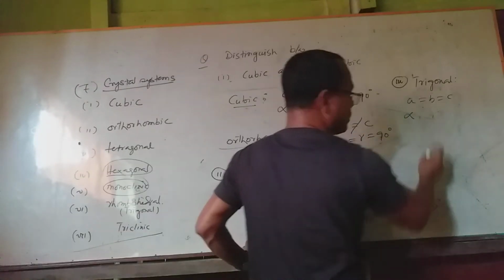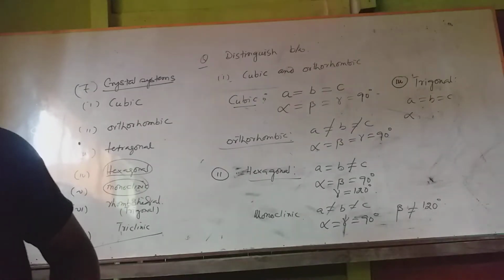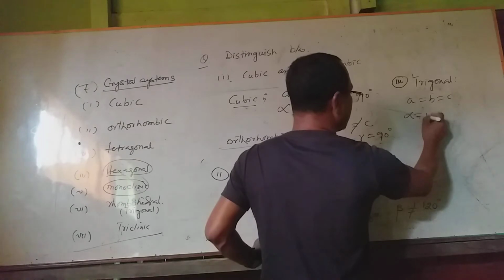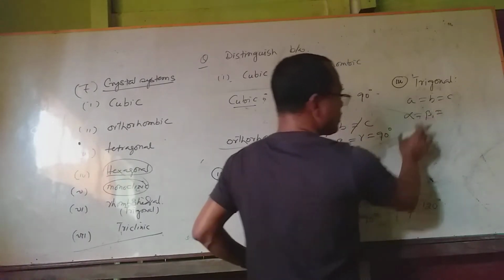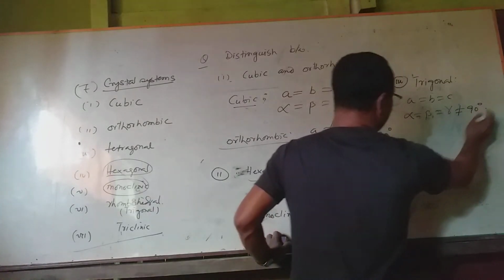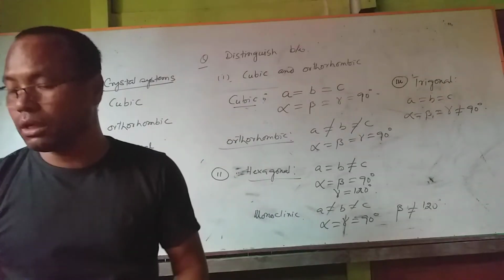But what about the angles? Alpha is equal to beta, so these two angles are the same, but gamma is not equal to 90 degrees. So it's slightly different.